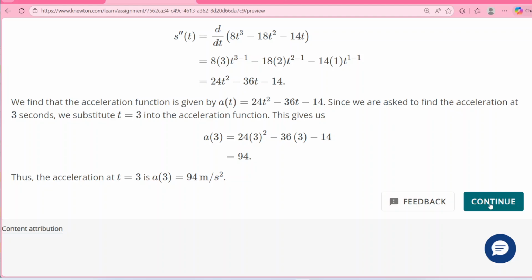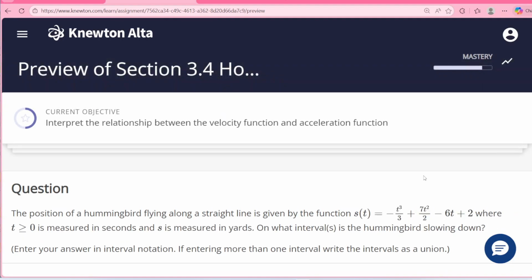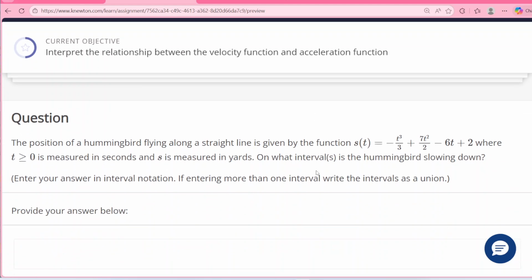All right, so that objective with just the acceleration function is done, and now the only thing left is those ones where we're asked to determine where it's speeding up or slowing down, right? The relationship between velocity and acceleration. So very similar to a problem earlier, some hummingbird flying along a straight line path. Position is given by this polynomial here.